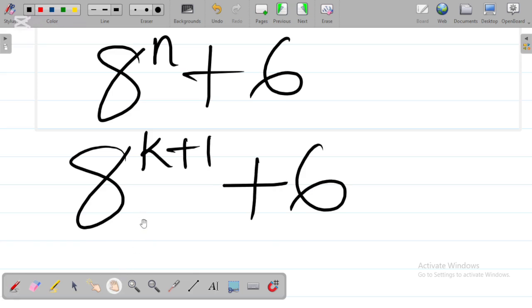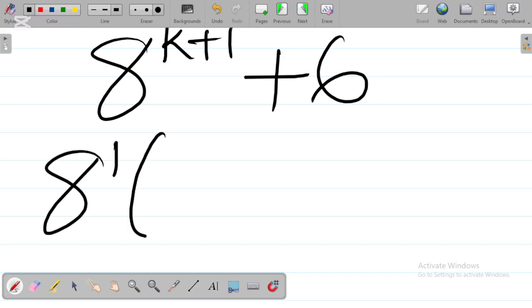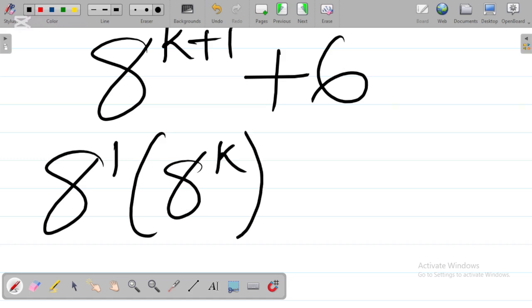At this point, we are going to apply the law of indices. 8 raised to the power k plus 1 can also be written as 8 raised to the power 1 multiplied by 8 raised to the power k according to indices, and then plus 6.